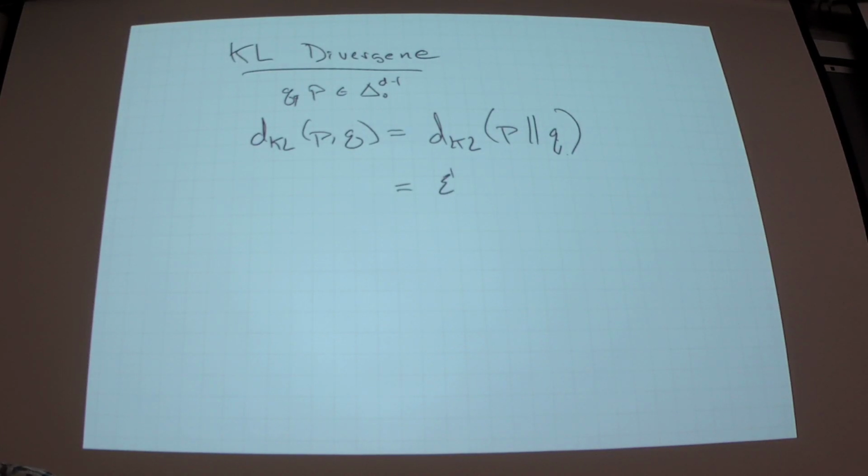It's defined as the sum from i equals 1 to d of p_i times the natural log of p_i over q_i.